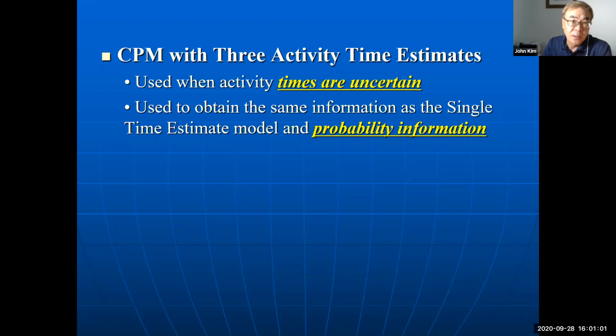So there are three activity times: early time, on time, and late time. So times are uncertain. Using three activity times, we can get probability information about that project.